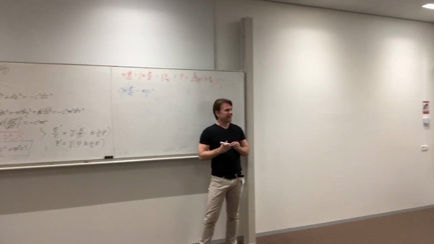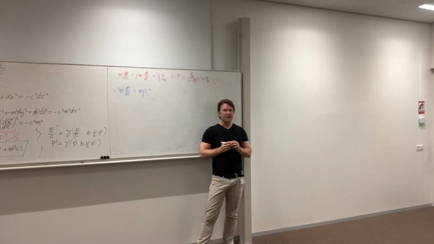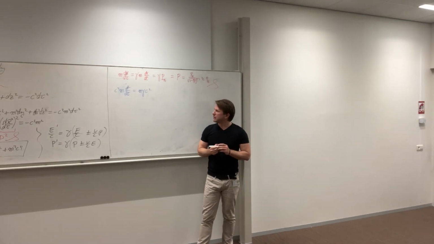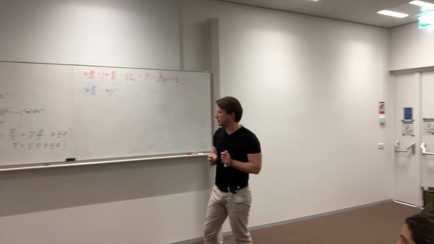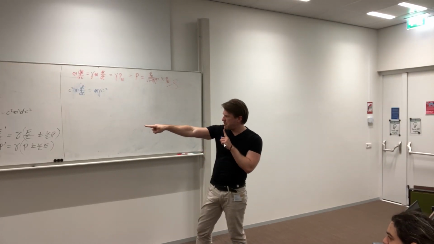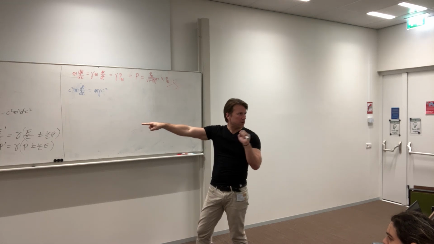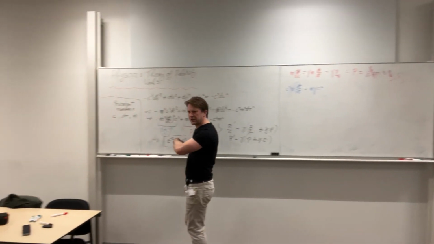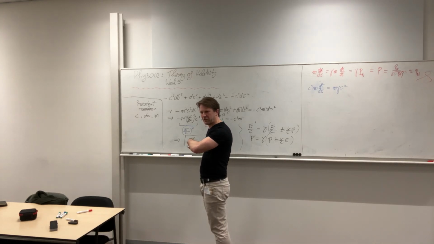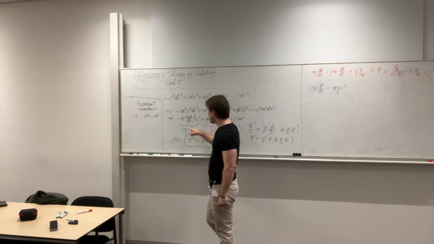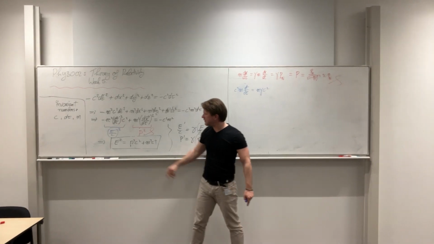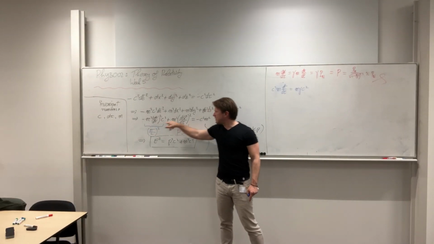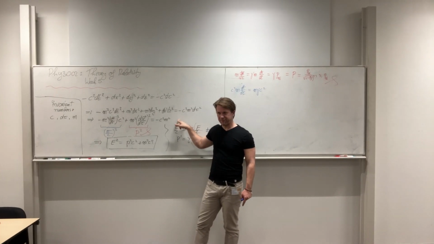Yes? Why c squared? I might have messed up a c squared over there. Let me check in a moment. Was that your question too? This is me being so used to c being 1 that I don't usually look at the powers. By the way, we can easily check for ourselves because the units of every term should be the same.